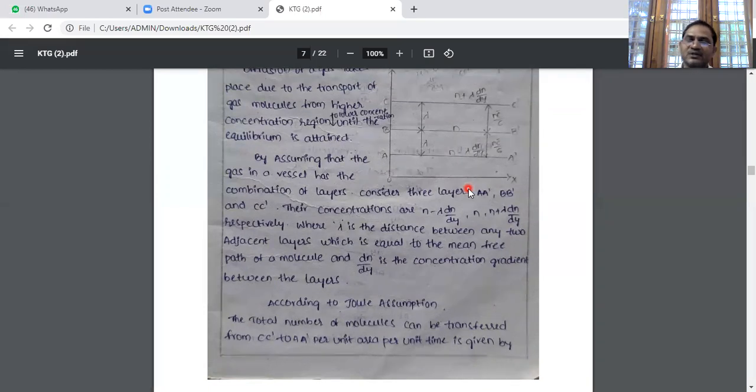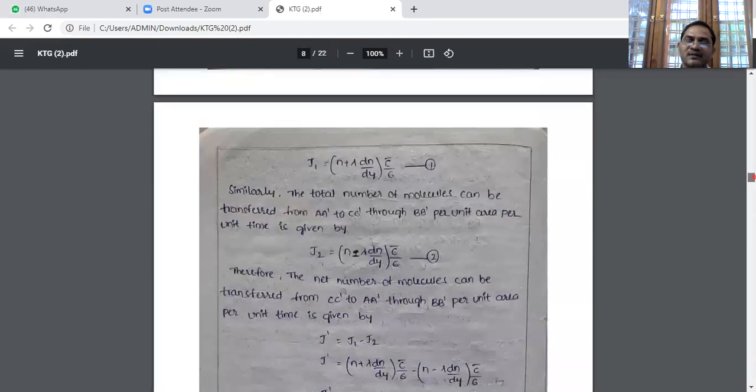Let us apply the Joule assumption. The number of molecules transferring from the upper layer CC dash to the bottom layer, that is BB dash, through BB dash per unit area per unit time, J1 equals n plus lambda dn by dy into c bar by 6.